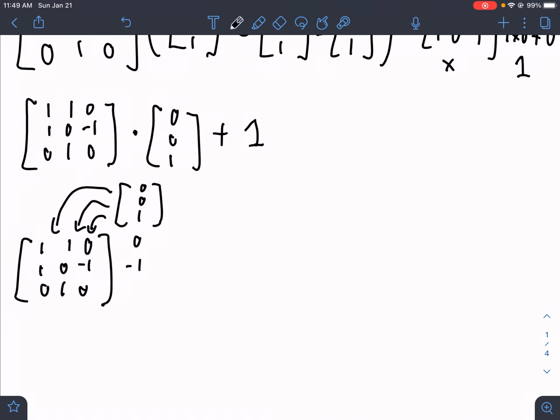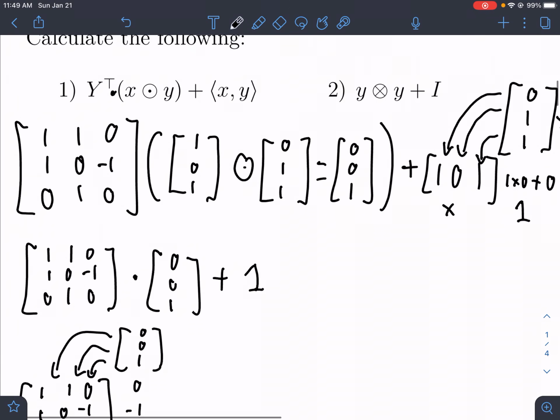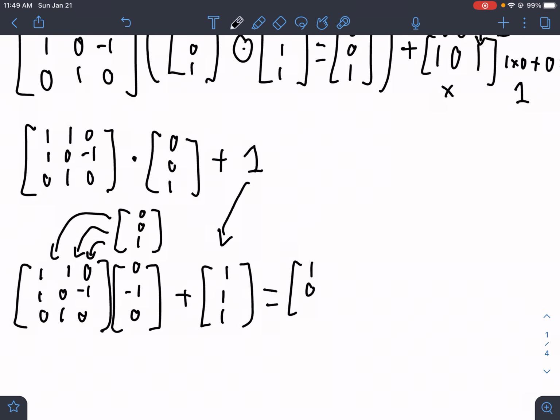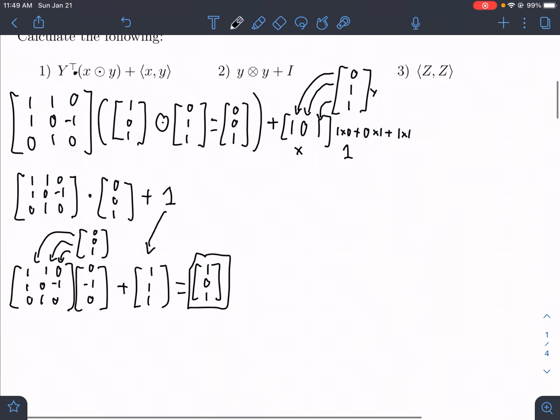This will give me negative 1, and this will give me 0. Then we add on our scalar, and our scalar is just a matrix of 1s. So we get 1, 0, 1. That's our answer for part 1.